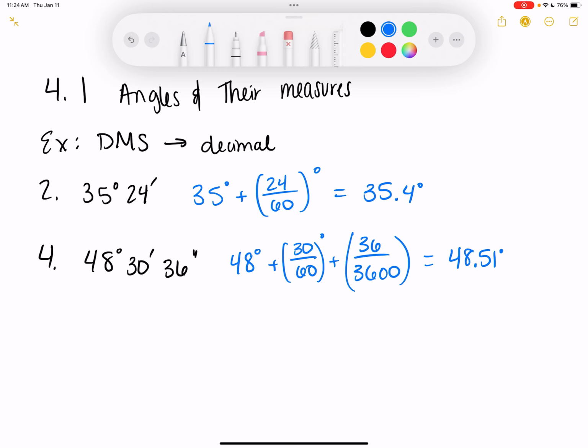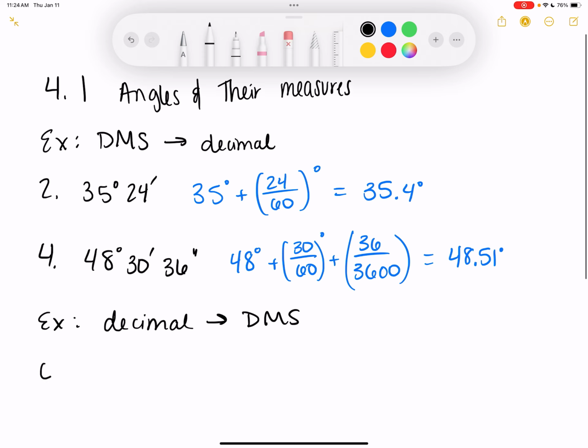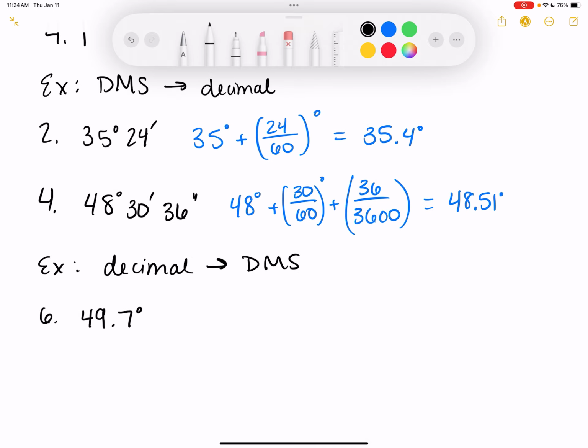All right, let's go the opposite way. Decimal to DMS. 49.7 degrees.